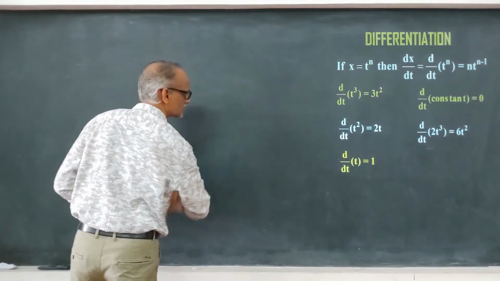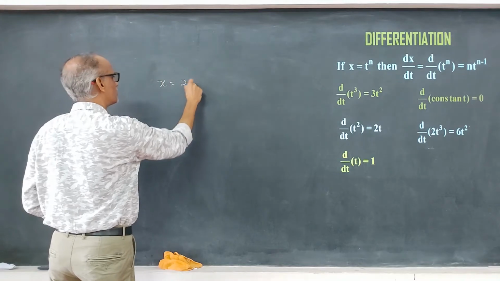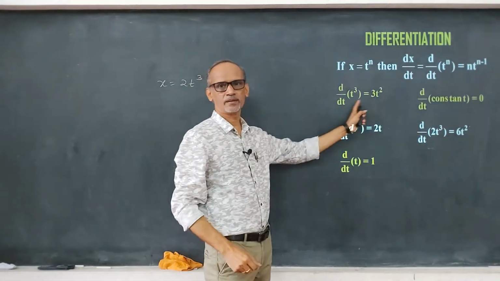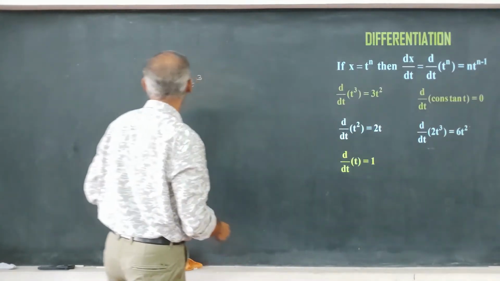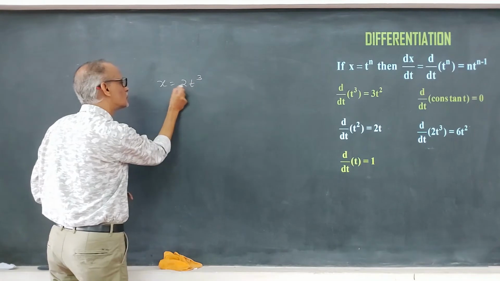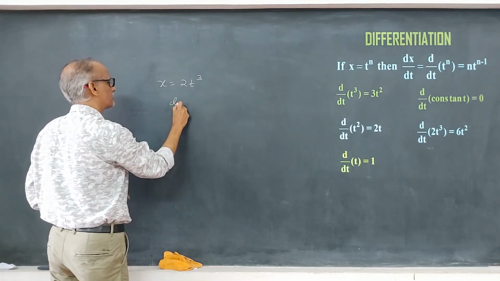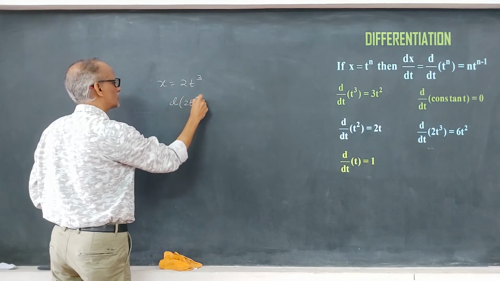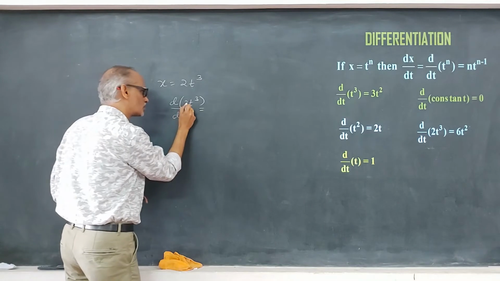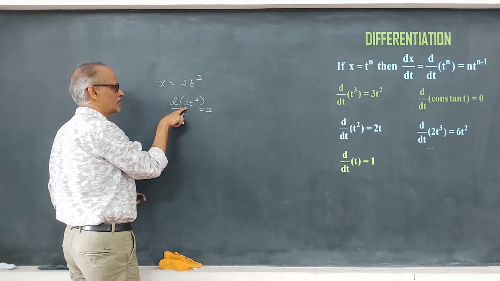Now x is given as 2t cube, right. So we know what is differentiation of t cube, right? How much? It's 3t square. Now what is the differentiation of 2t cube? So here 2 we have to multiply now, okay. So therefore differentiation of 2t cube with respect to t is equal to 2, which doesn't vary, right?